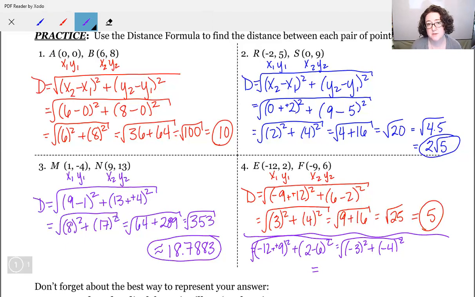So please don't worry if you don't have a physical calculator, you will absolutely have one available for your online practice and any assessments. Just to finish this up, to make sure it comes out to the same answer, -3 squared gives us 9, -4 squared gives us 16, and we're right back where we were at that previous step. So that still comes out to 5.